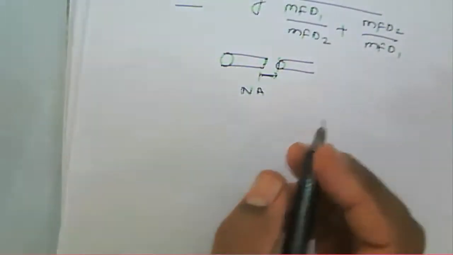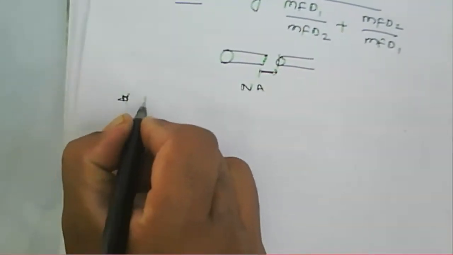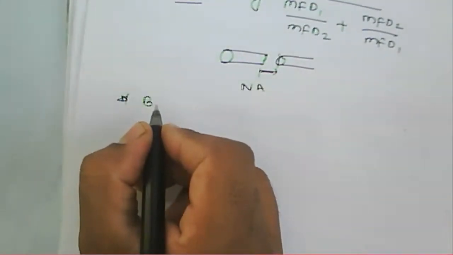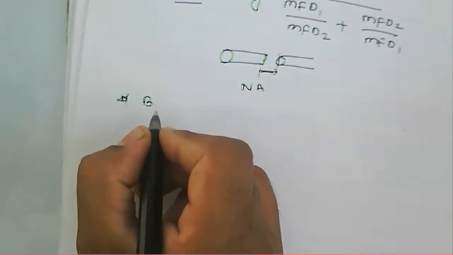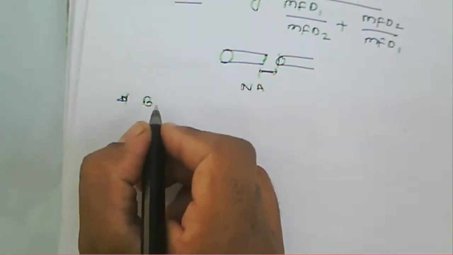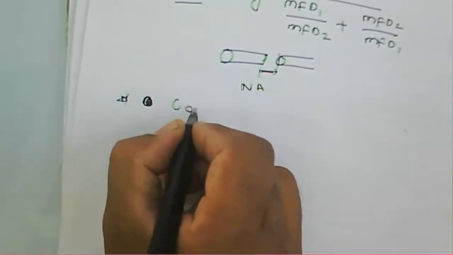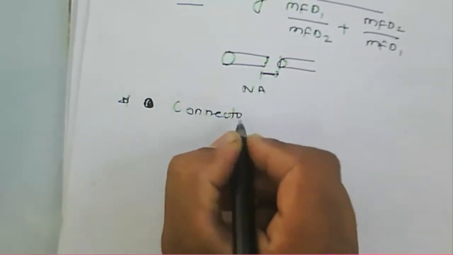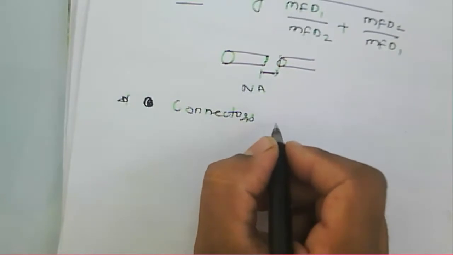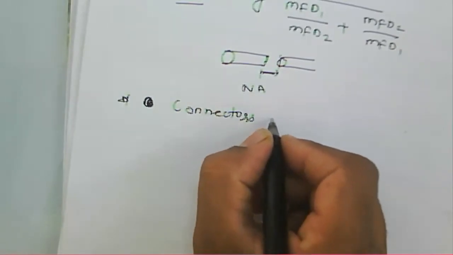Now we will consider what a fiber joint is, or what the various connectors are that we are using, or you can say fiber optical connectors.